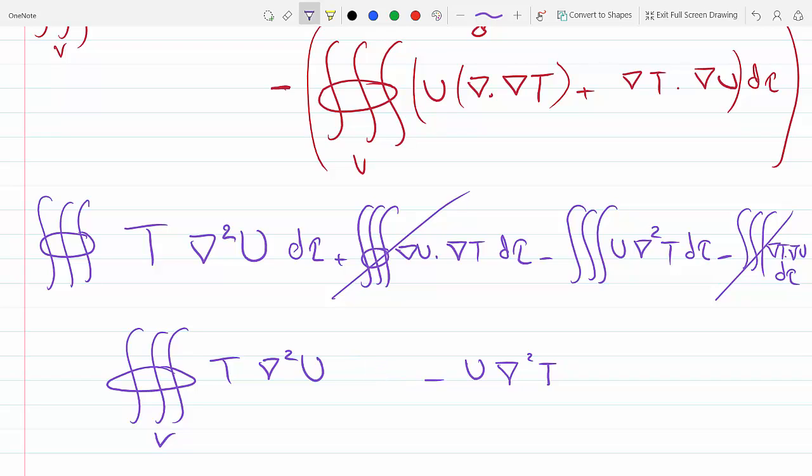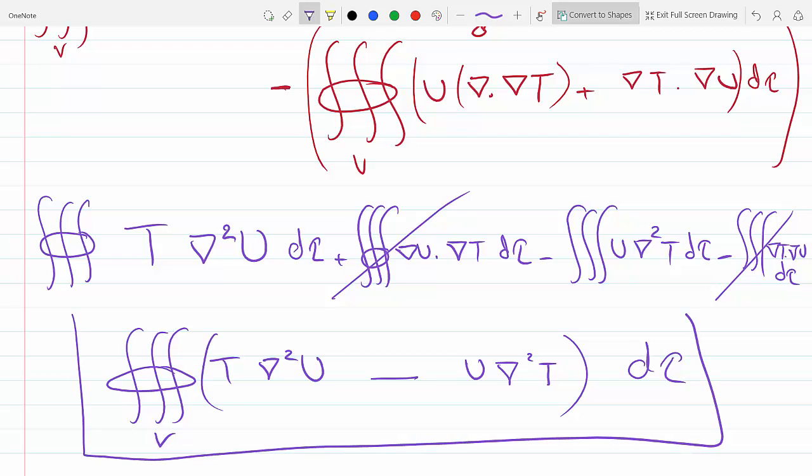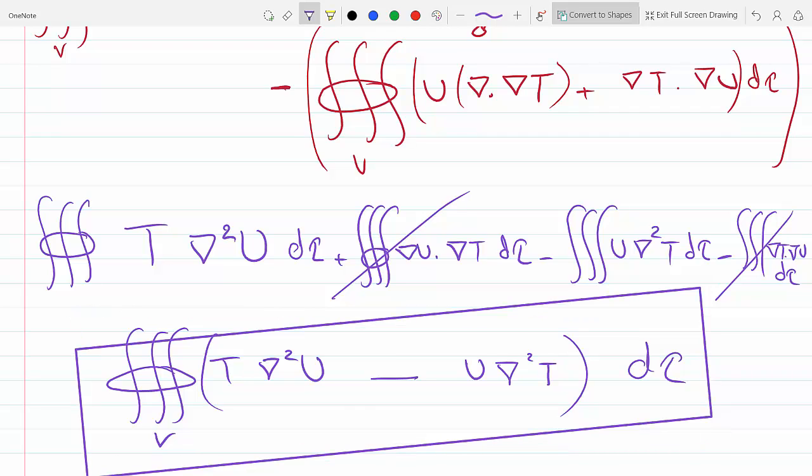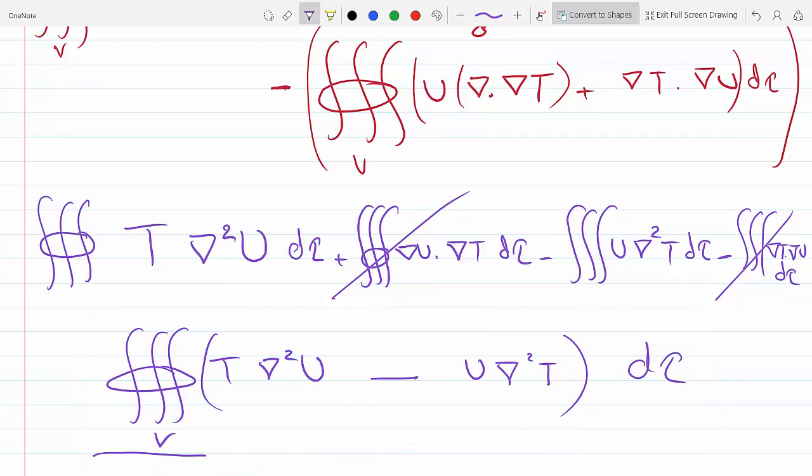I can combine these two under the same d tau, and we have this here.